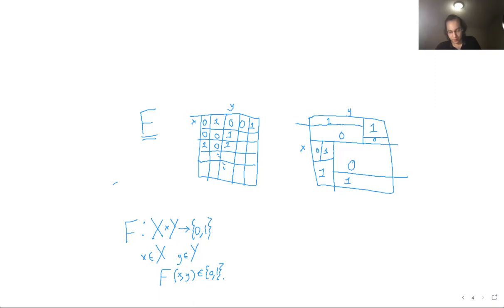We will define the randomized communication complexity, RCC, of f, we can define that to be R of little f, if we want. So let's do that. Okay, so this is going to be the randomized query complexity of little f.